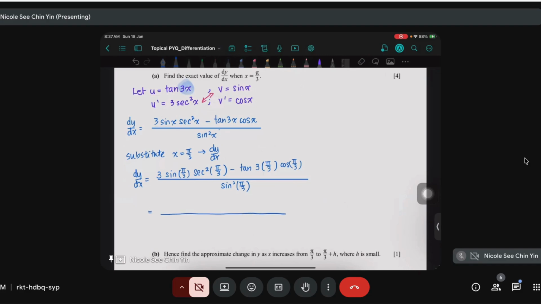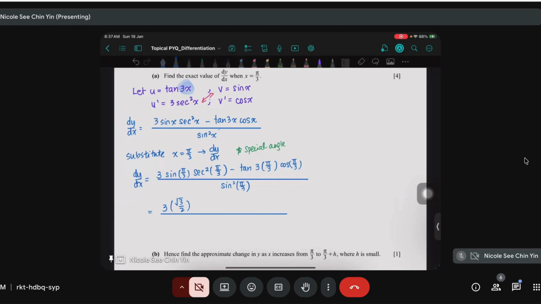The moment they say want exact value, always bear in mind you have to remember your special angles. Now I will get 3, my sine will become root 3 over 2.